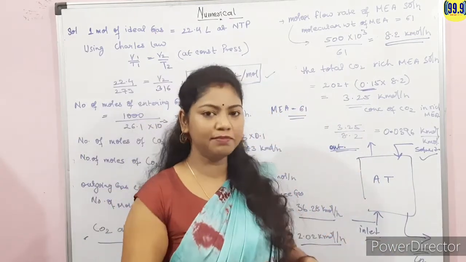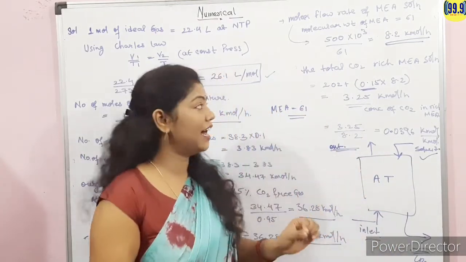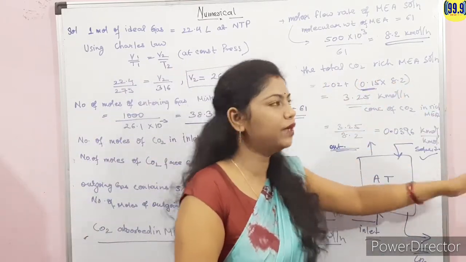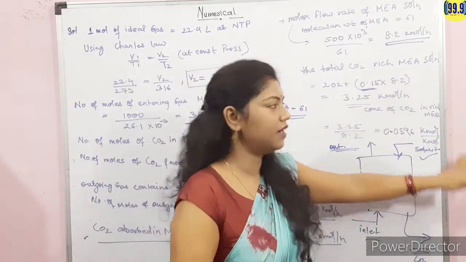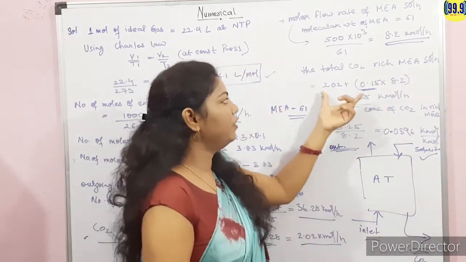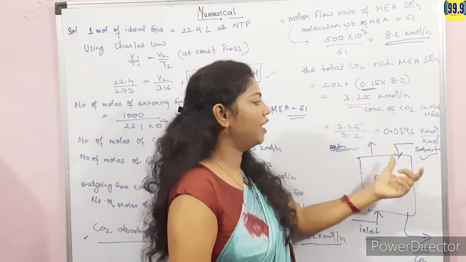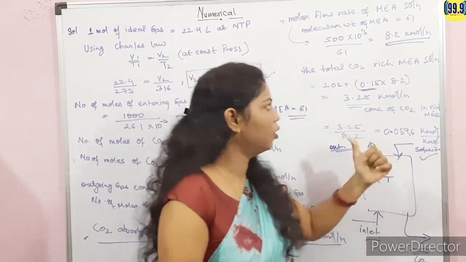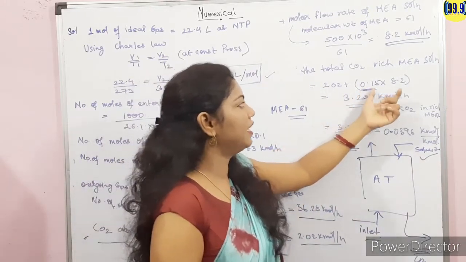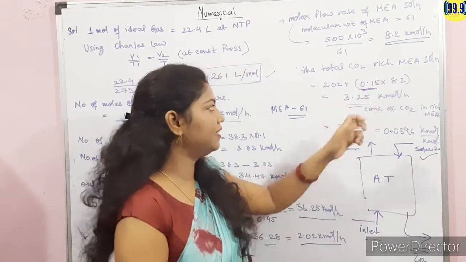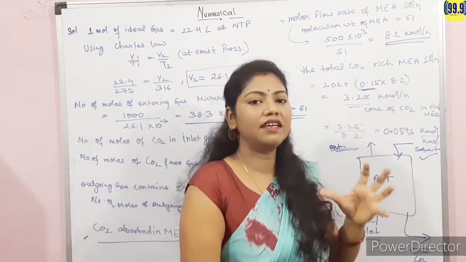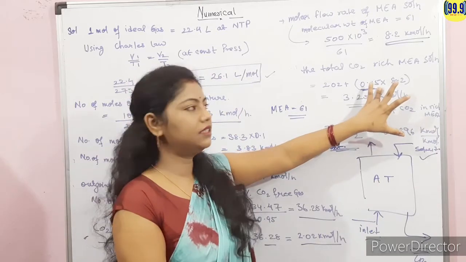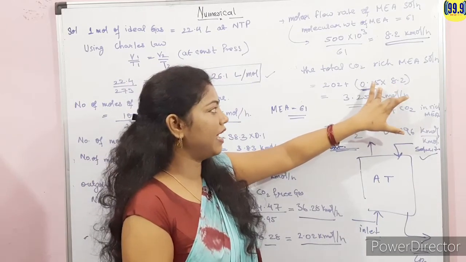Now come to the last part of the question, that is we have to calculate the total concentration of the CO2 in the rich MEA solution. For calculating that, we know that 2.02 kilomoles of CO2 is absorbed in the solvent, and the condition is also given in the question that 0.15 concentration is present in the entering MEA solution.